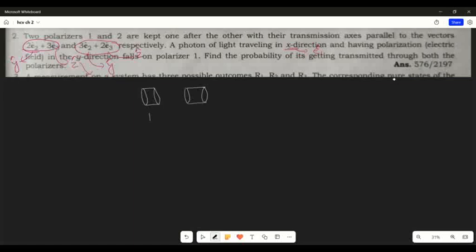So this is polarizer 1, and this is polarizer 2. A beam of light falls on polarizer 1, it gets transmitted through polarizer 1, and the light which passes through polarizer 1 is made to fall on polarizer 2, and some part of it gets transmitted. So we have to find the probability that the photon will get transmitted through both the polarizers.